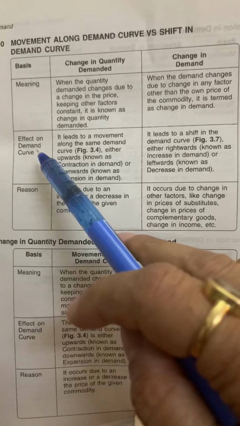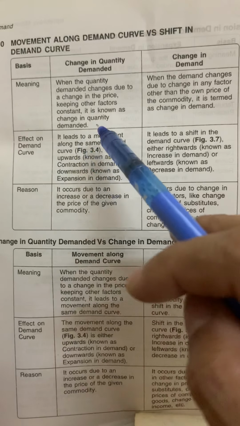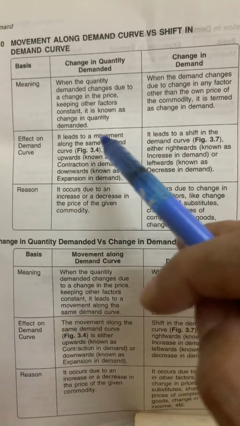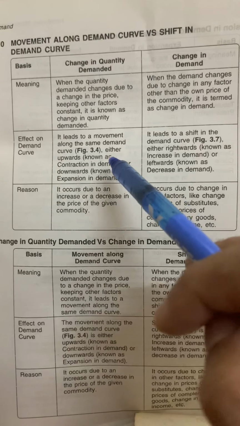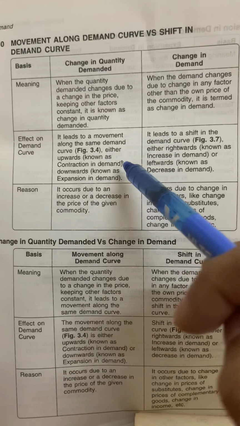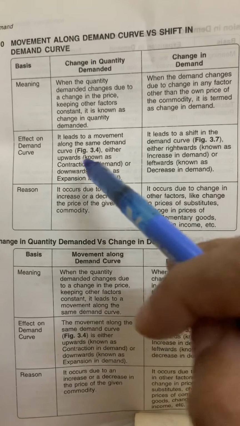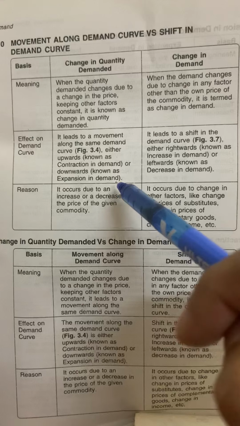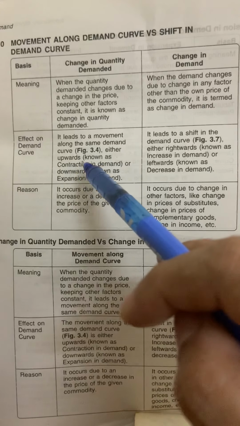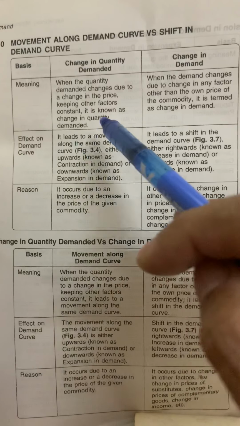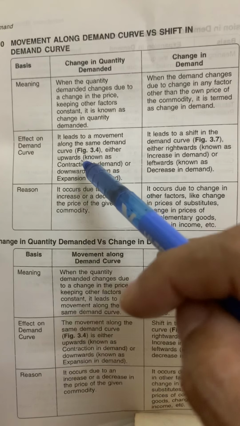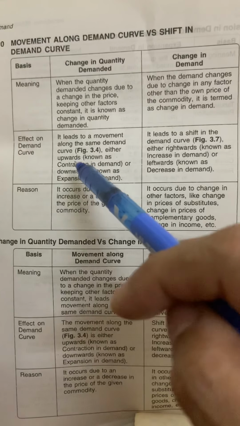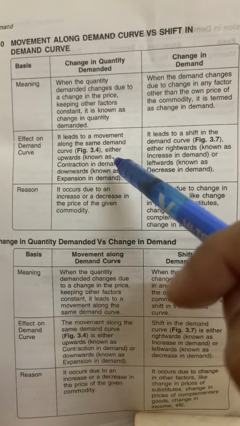Effect on demand curve: it leads to a movement along the same demand curve, either upward movement known as contraction in demand or downward movement known as expansion in demand. Contraction in demand is, for example, if the price of the commodity rises and demand of the commodity falls, then it is known as contraction in demand.